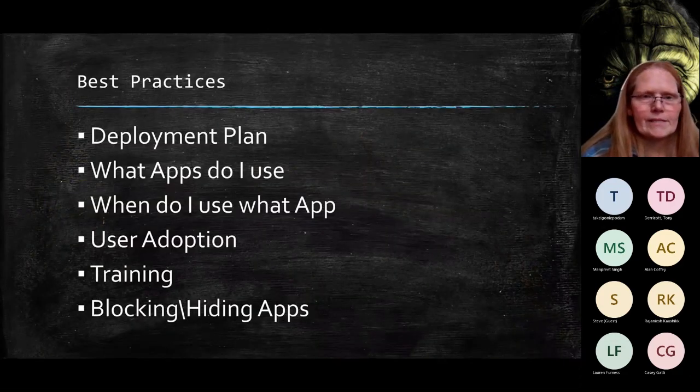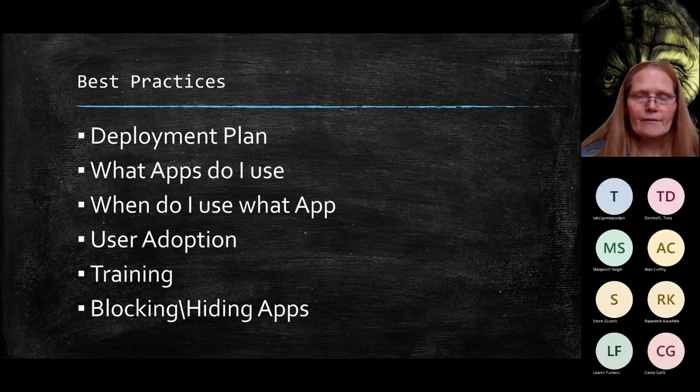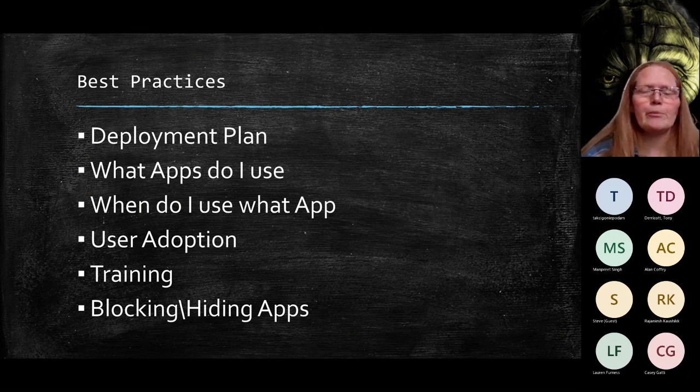So best practices, there's a lot of apps out here, right? And I have heard some people say, just turn it all on and see what they use. Well, that is one approach. However, when doing that approach, there are things you need to think about.